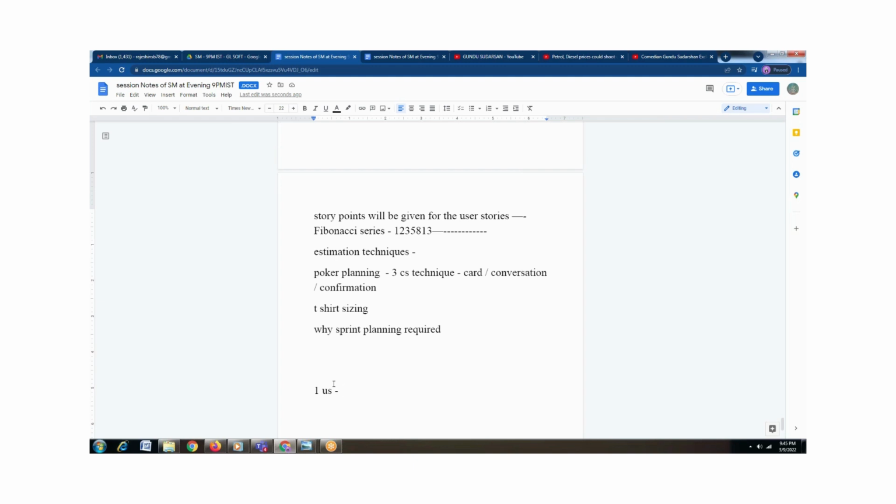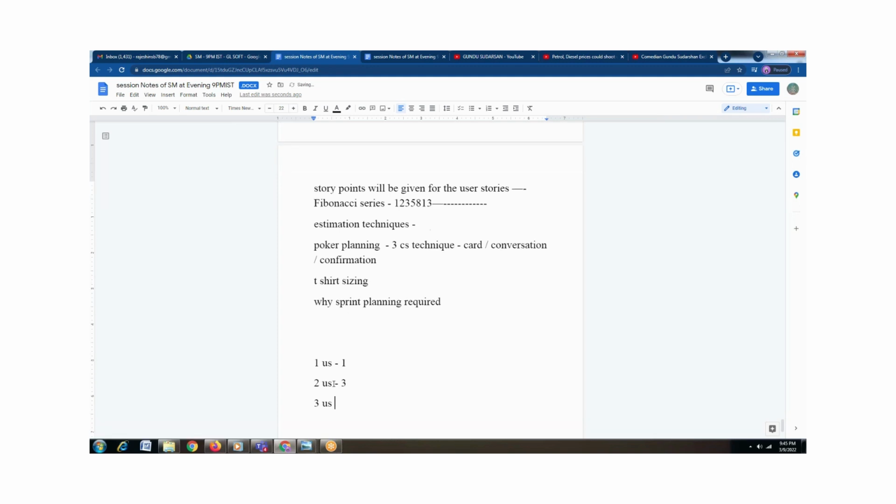For example, one user story, you have given 1 story point. Second user story, you may give 3. Third user story, you may give 5. It need not be incremental. Fourth user story, you may give 1, or you may give 2. Now, for example, in sprint 1, you have taken 4 user stories based on the priority.